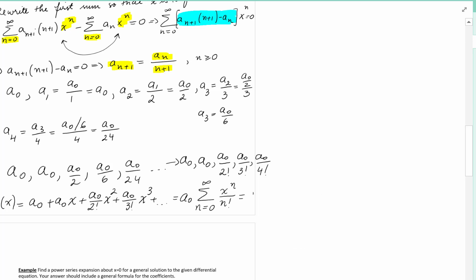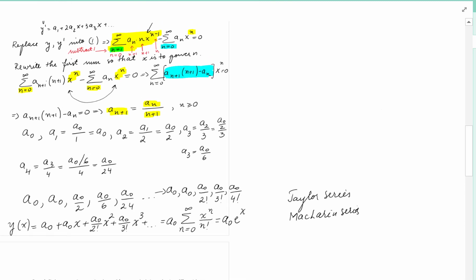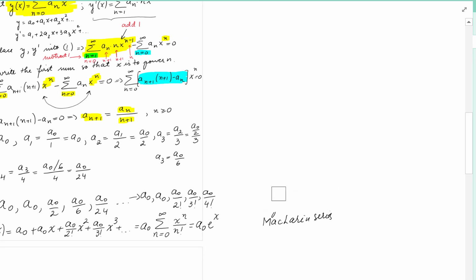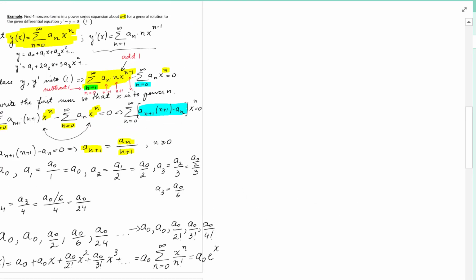Now, if you check out a list of Taylor series or Maclaurin series, you are going to see that this expansion that we just got is a naught e to the x. So we're basically using series, we found out the solution to be a naught e to the x.